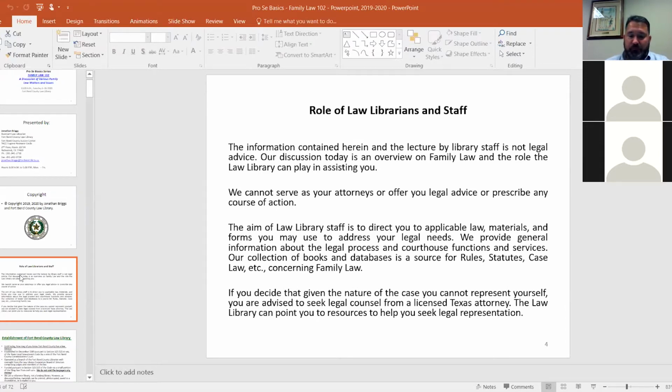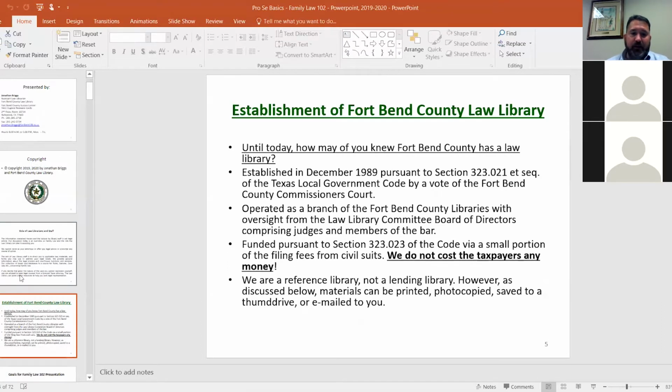It's about half and half. The law library was established about 30 years ago pursuant to state law, and our law library is well funded. Fort Bend does a really good job giving us the materials we need to assist people. It's not a big library, but it packs a lot of punch, and our books and online resources are really excellent.